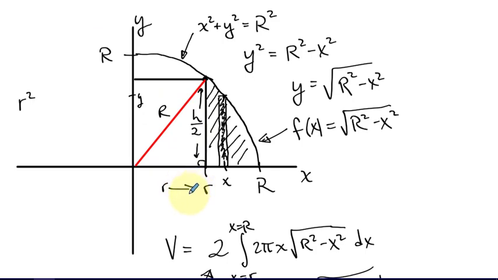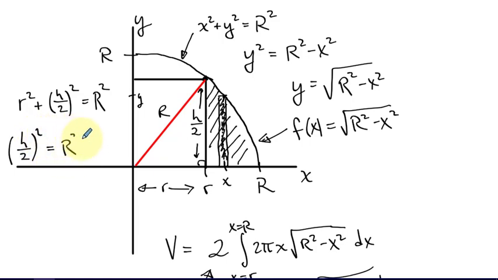This is little r. The length h over 2 is another side of a triangle, and that's equal to the hypotenuse squared, which is big R. So solving for h, I'd say h over 2 squared is big R squared minus little r squared.